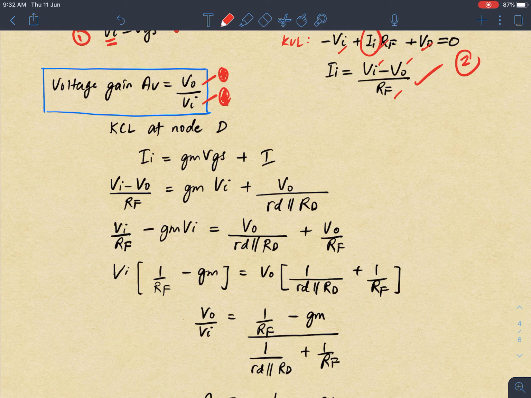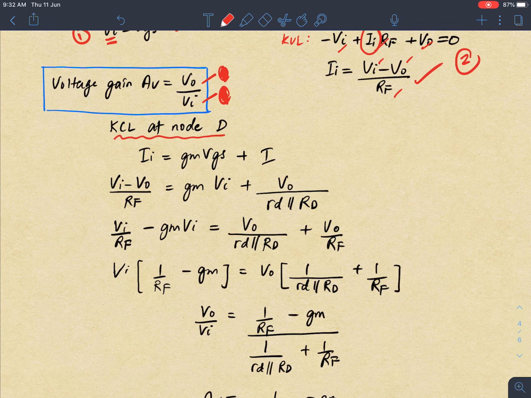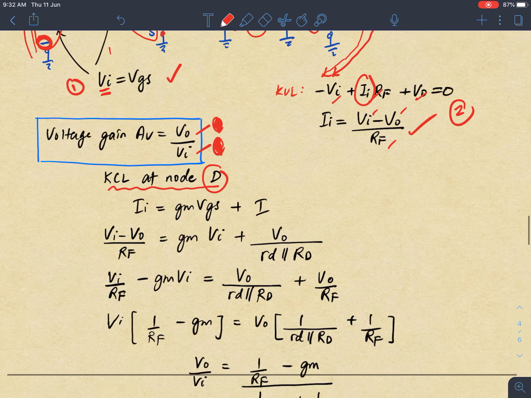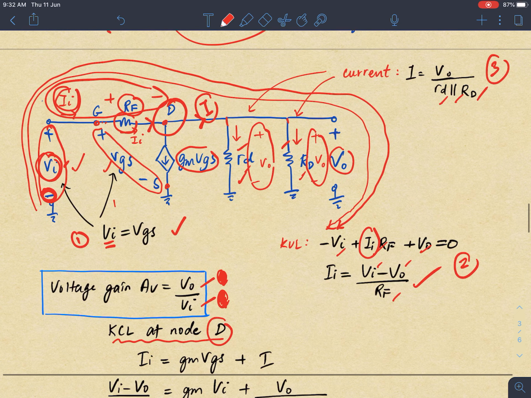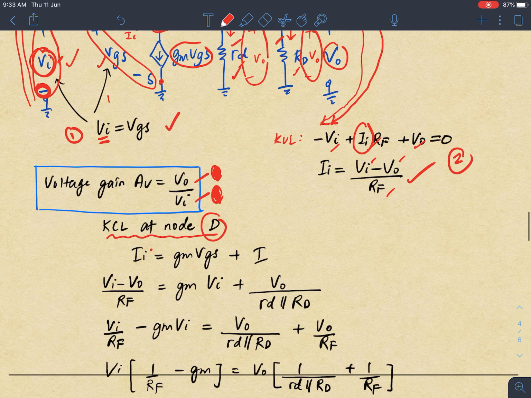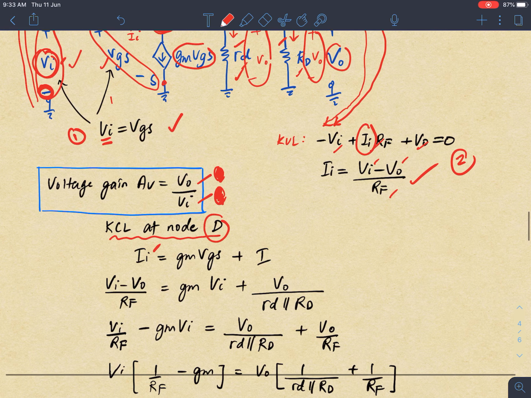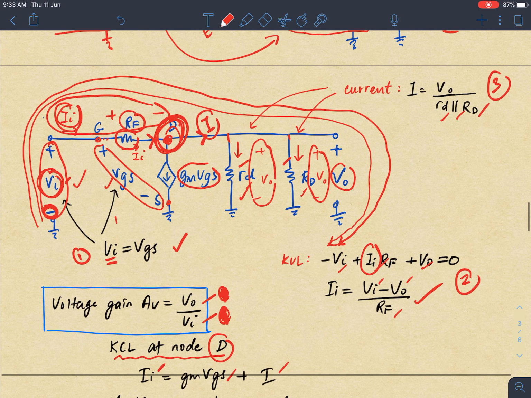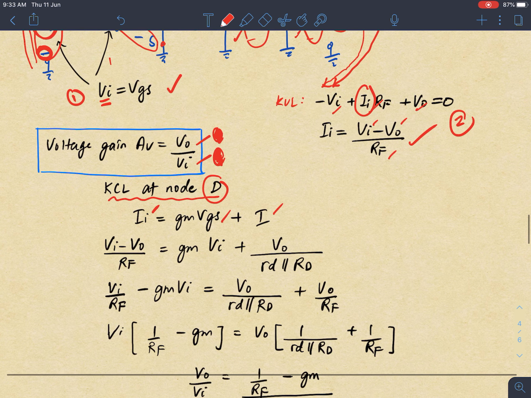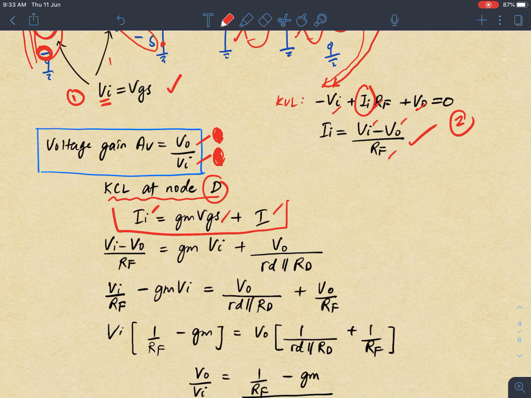However, by this method, we only use the KCL at node D. As I mentioned here, KCL at node D, we have I in equal to GM VGS plus I. This is the main equation.